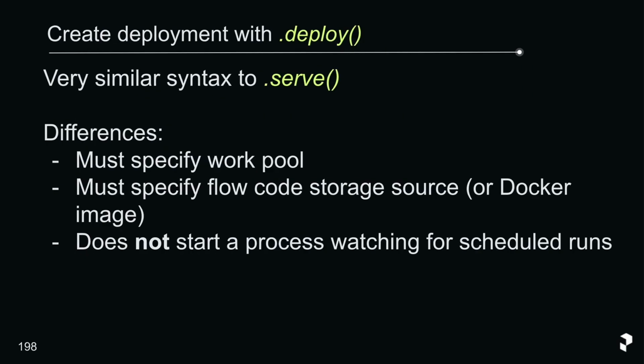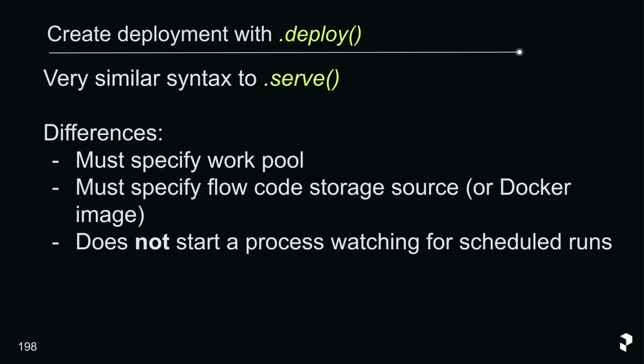You can create a deployment with .deploy. In the previous modules, we reviewed the .serve method in detail and ran a few examples of creating deployments using the .serve method. There are a few differences, though, between .deploy and .serve. For starters, you have to specify a work pool when you use .deploy.